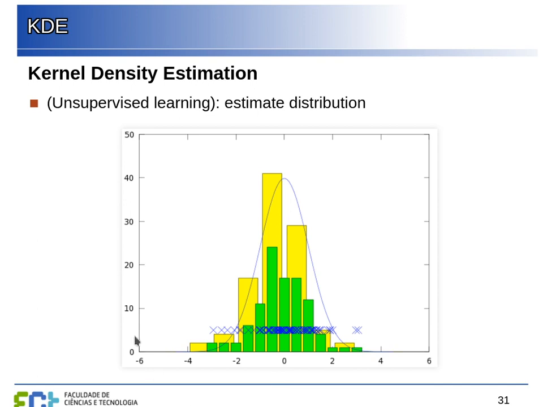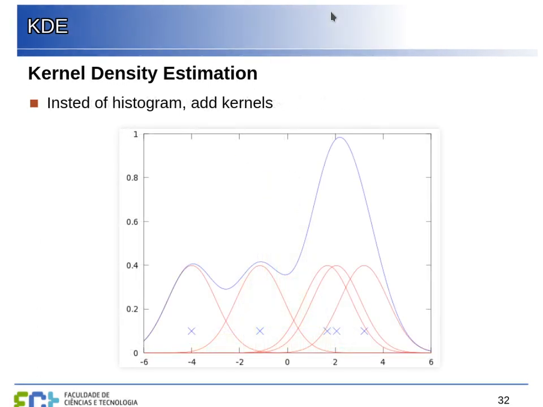So we can make a continuous estimate of the distribution density by using a kernel function. Basically, for each point, we're going to consider a kernel function centered on the point, for example, the Gaussian curve again. And for the density estimation we just sum the values of all these Gaussian curves.